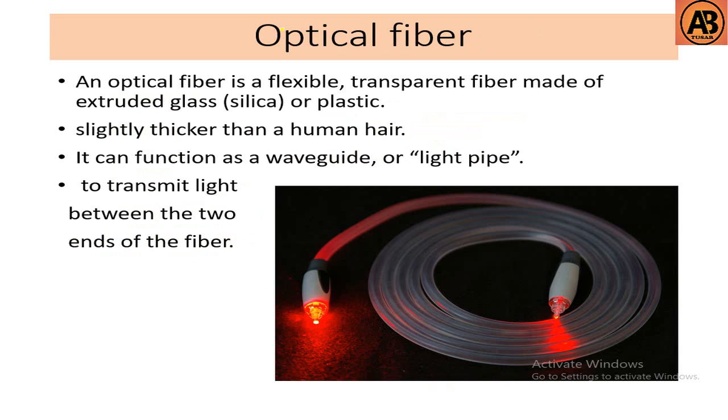Then optical fiber. An optical fiber is a flexible transparent fiber made of extruded glass, silica or plastic. It is slightly thicker than a human hair. It can function as a waveguide or light pipe to transmit light between the two ends of the fiber. Here you can see the optical fiber.